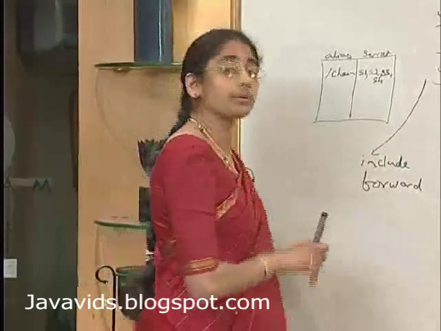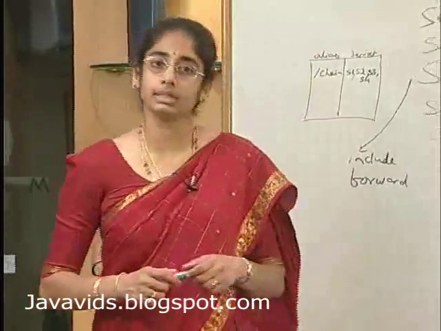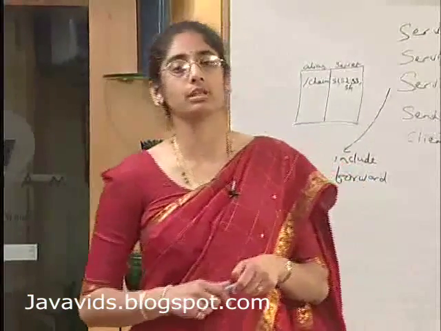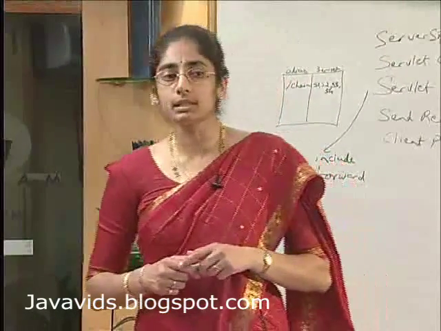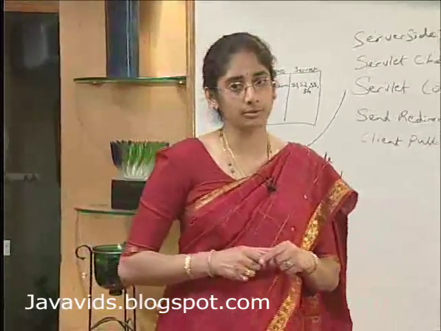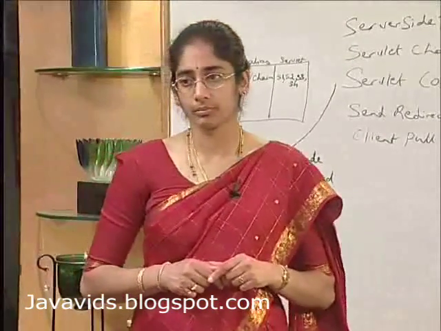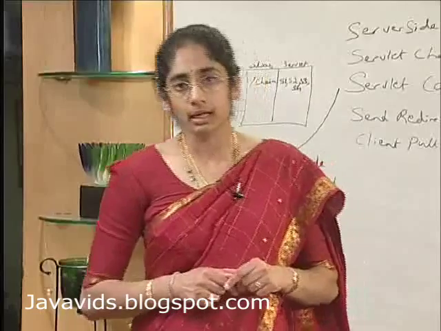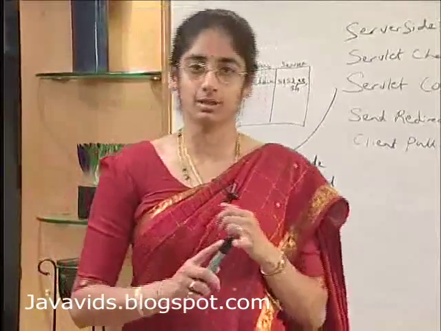In this case, this is programmatically done. You have an interface called request dispatcher, which you make use of for Servlet Collaboration. To get an instance of type request dispatcher, you invoke a method getRequestDispatcher. This method comes from the servlet context interface. So you need to get the servlet context object first.